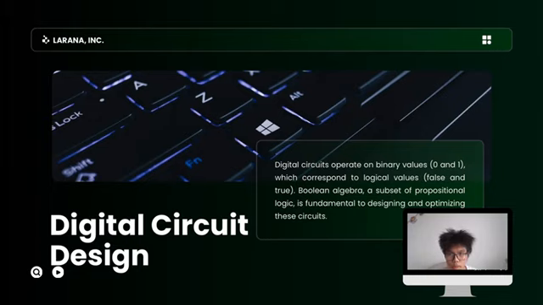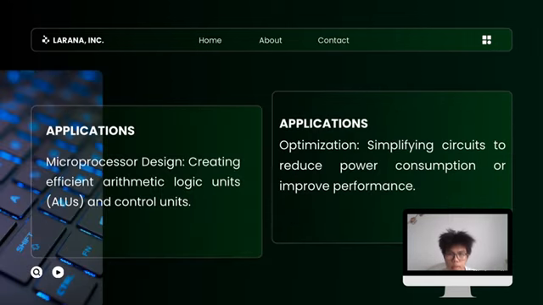Whether it's computer chips, smartphones, or other electronic devices, they all rely on the principles of Boolean algebra and digital circuit design. In our daily lives, many of the electronic devices we use rely on microprocessors to operate and control their functions.